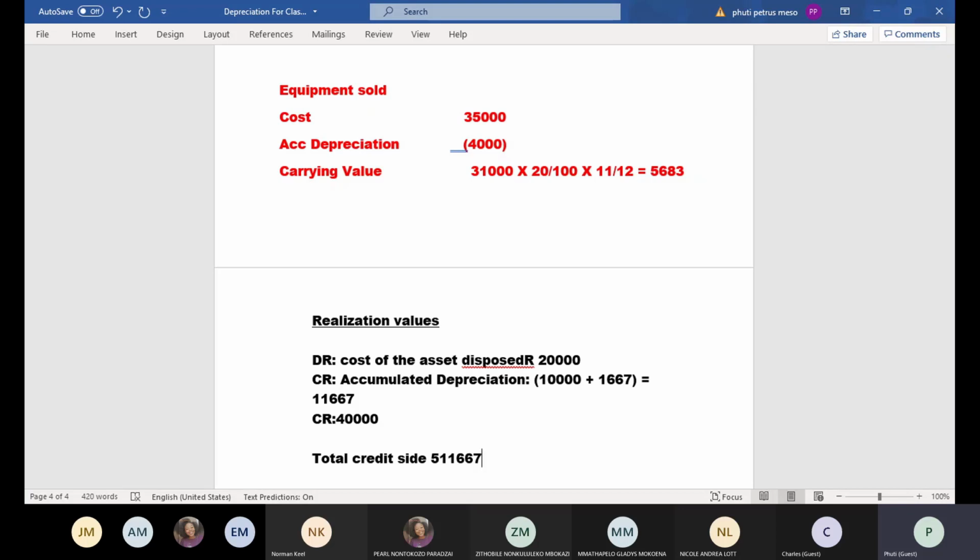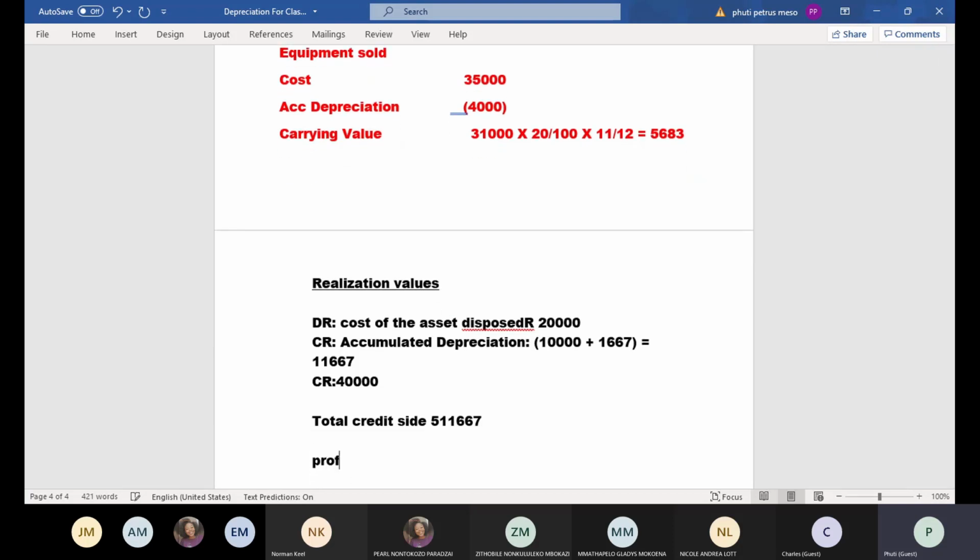So what does the principle say? If your credit side is greater than your debit side, it means that you're going to be having the profit on sale of an asset. So how much is 51,167 minus 20,000?